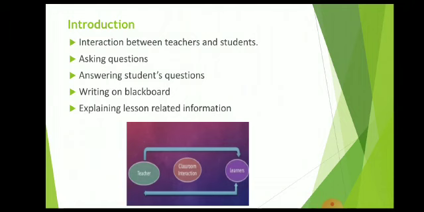In the classroom, the teacher may ask questions and the students are ready to answer the questions. Then the teacher writes on the blackboard, explains and provides lesson related information through lecturing. These are the interactions that take place in the class.